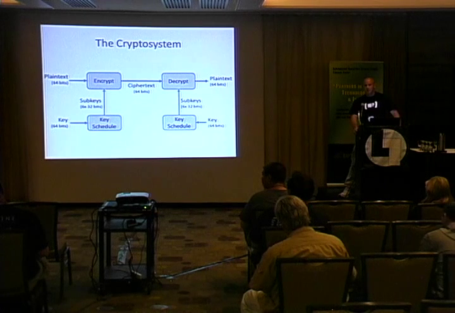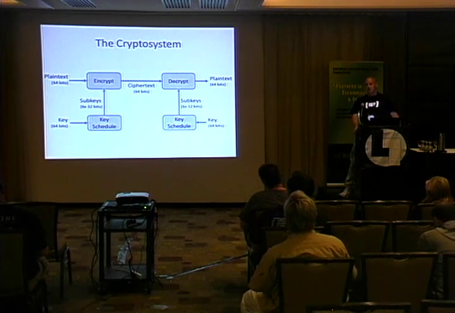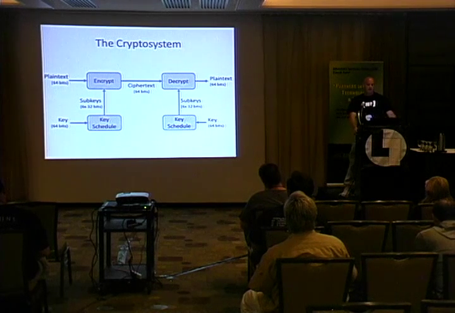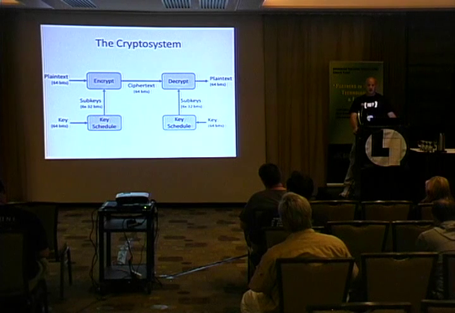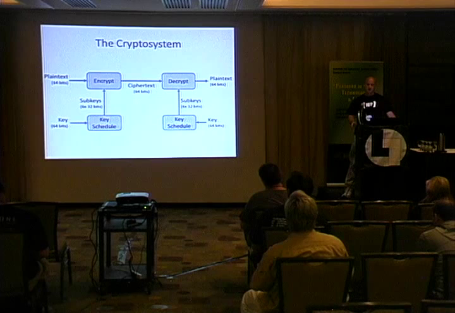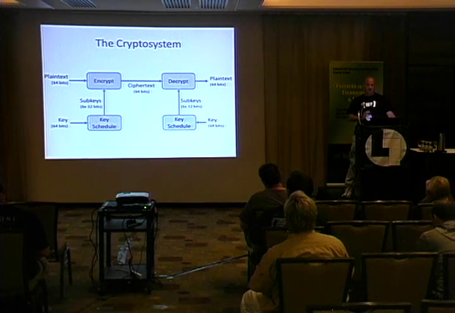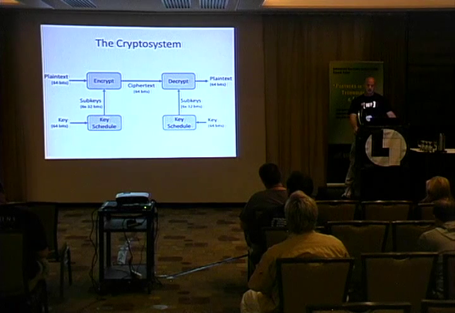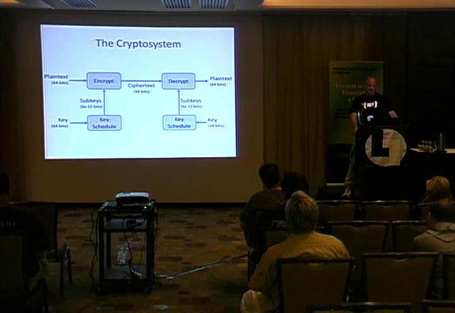All right, like I said, we're building a virtual system, and then we're going to break it. In this one, we have a sender and a receiver. The sender's on the left, the receiver's on the right. They're going to send plain text in 64-bit blocks to the receiver. They send it through this encrypt function. That's where FEAL4 lives, in that box. It turns into ciphertext. The guy on the other end decrypts it and gets the original plain text back.